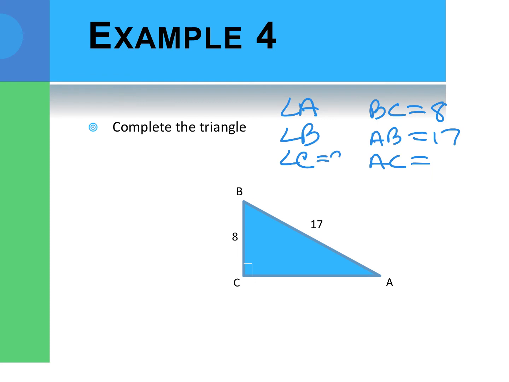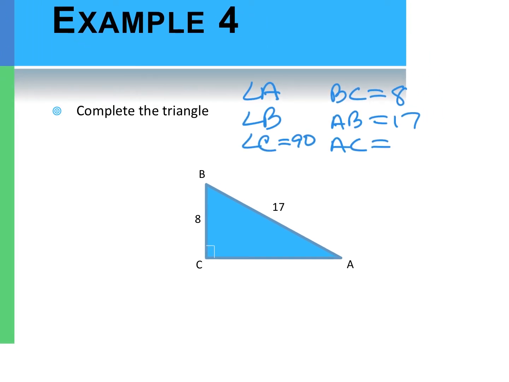The C was the 90 degrees. So again, if you have two of the sides, all you're going to do is use the Pythagorean theorem to find the missing side first. This is actually a Pythagorean triple. So if you've memorized those triples, you don't need to do this, but I'm going to go ahead and label everything.